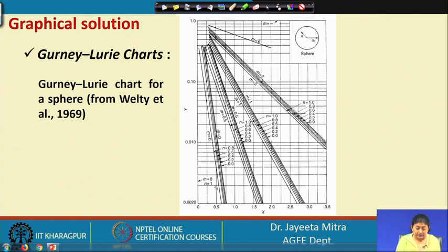If you use this chart, some error we may get, because if we can take a cylinder, we need to calculate the parameters in between the infinite cylinder and infinite slab.